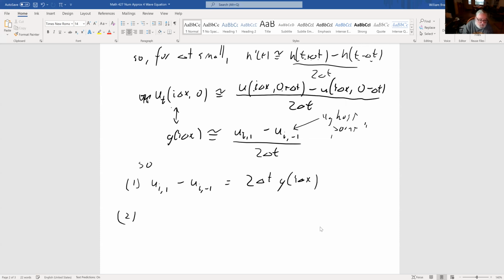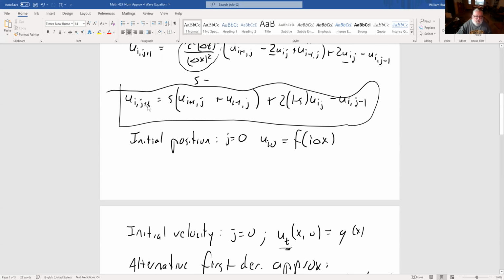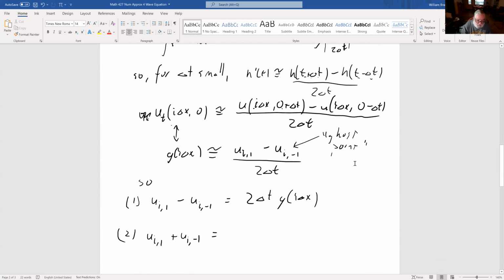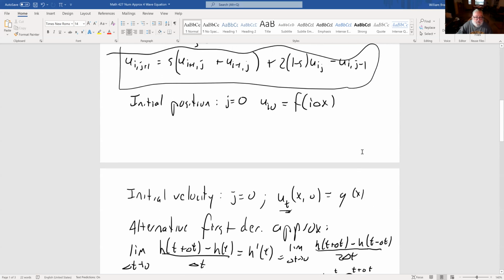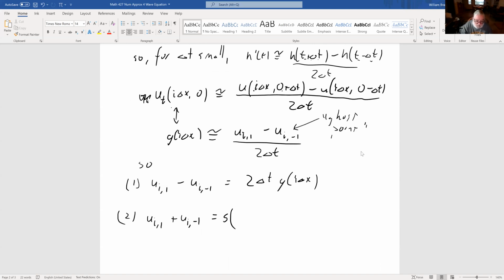Equation 2 is this one, and that's just looking at the update equation with j equal to 0, and you get u_{i,1} on the left plus u_{i,-1} is equal to s times u_{i+1,0} plus u_{i-1,0}.